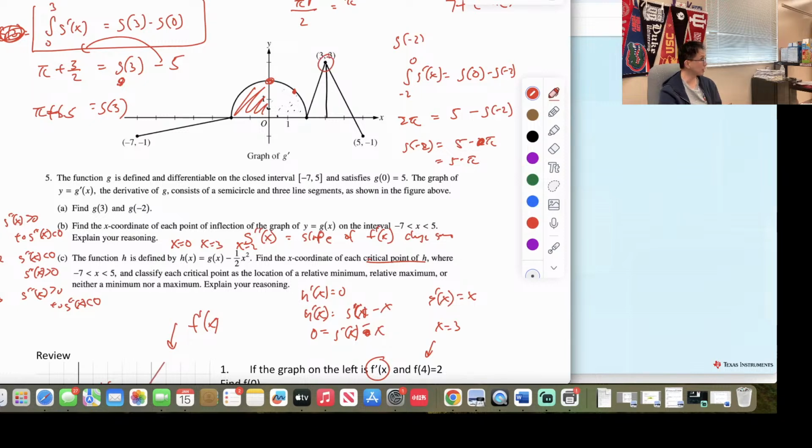This one, 3, is for sure, because g prime of 3 is equal to 3. It's when the graph equals x, in other words, the point where it crosses an imaginary line with a slope of 1.